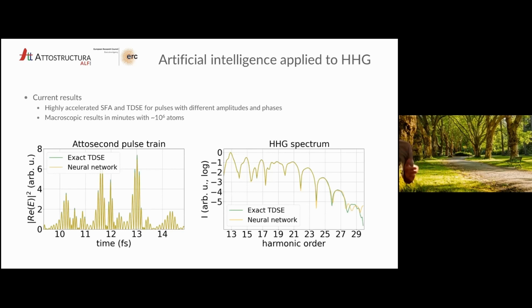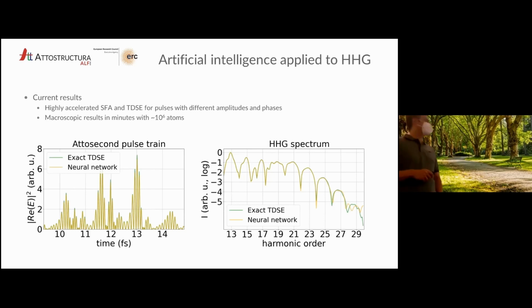Other parameters like the pulse duration have to be fixed, but we can change the amplitude and phase. And that allows us to get macroscopic results in minutes with millions of pulses.